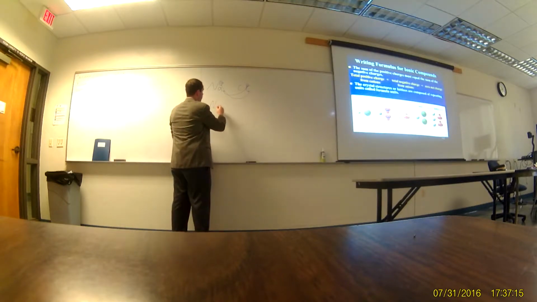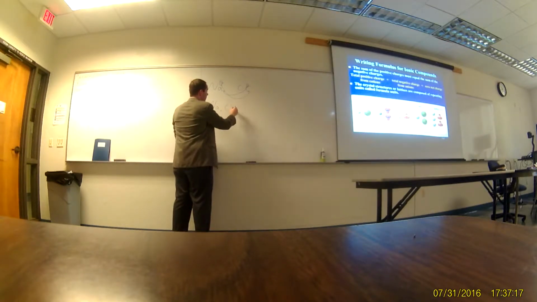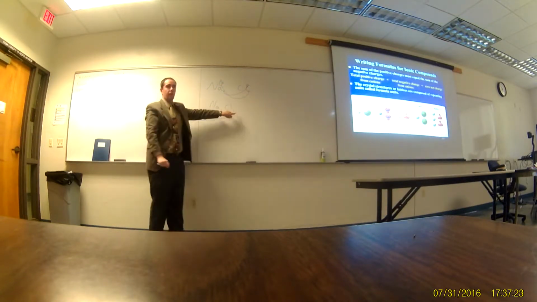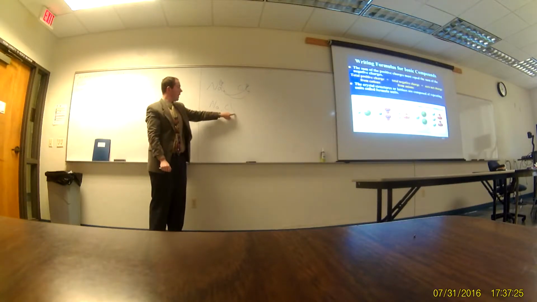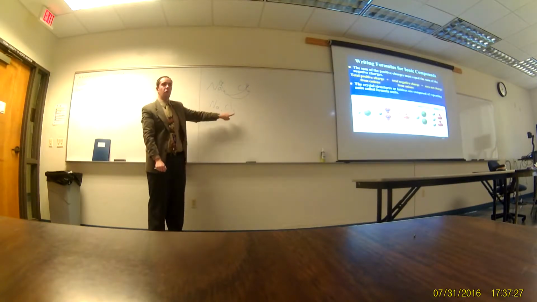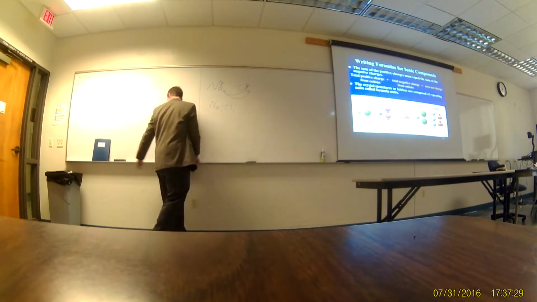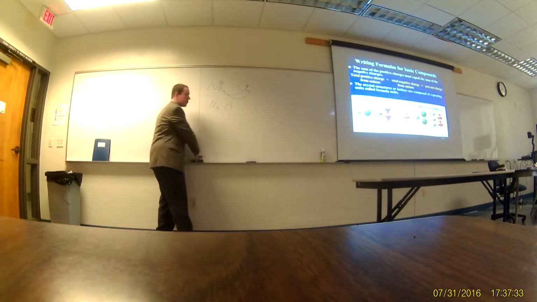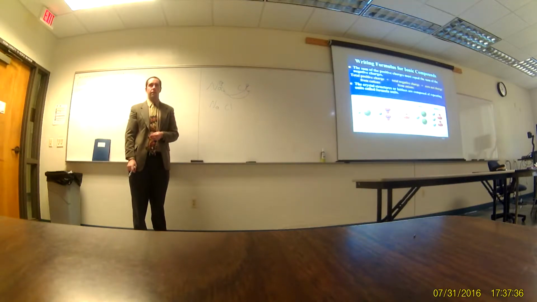So what I end up with is Na1Cl1. That 1 came from there, that 1 came from there. But we don't write 1s in formulas. So we erase it, and it's just sodium chloride.